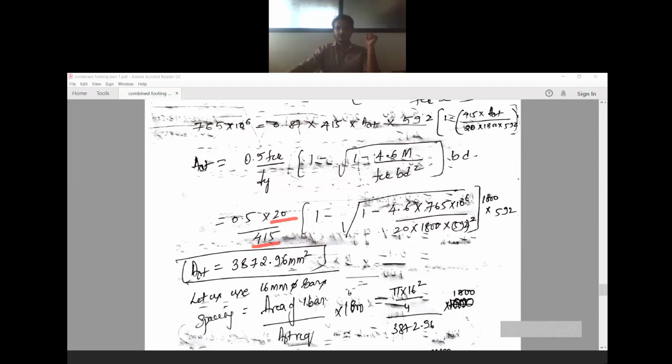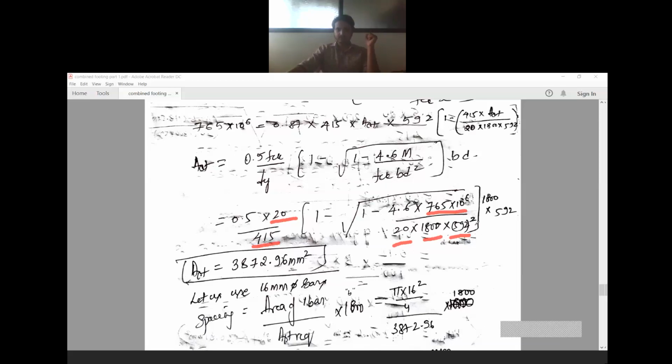Substitute the values. 4.6 M is 765 into 10 power 6 divided by again FCK is 20, B which is the width of the foundation 1800. Here depth D, small d, you should be very careful. This D is effective depth, not the overall depth. Overall depth is 660, so the effective depth is small d, 592, which is 68 mm lesser than 660.